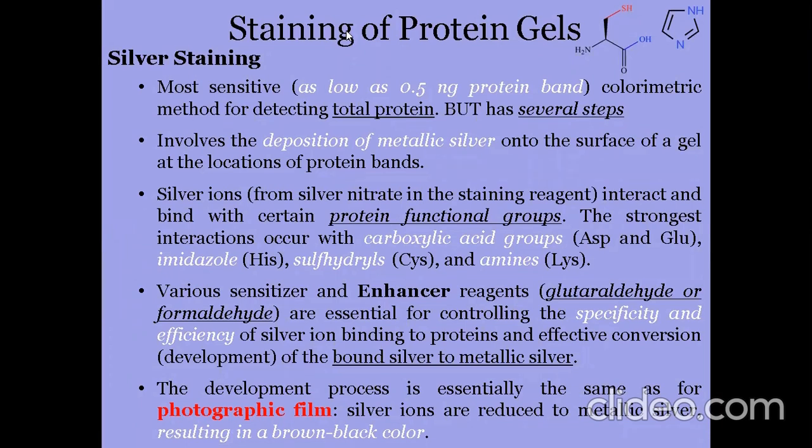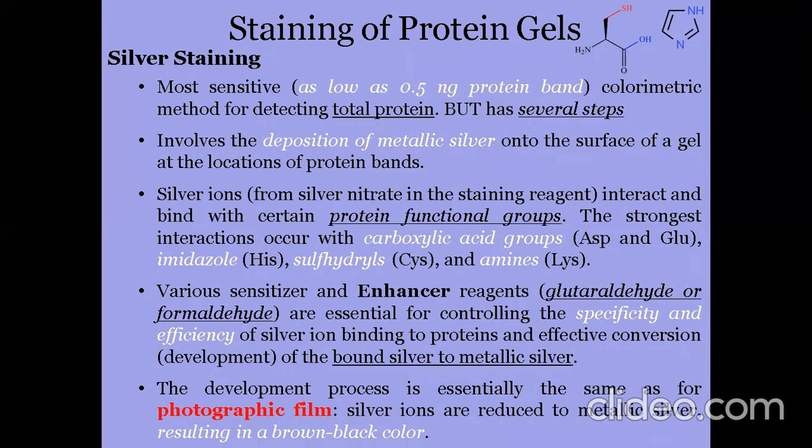Okay, we are using staining of protein gels where, for example, 0.5 nanogram, very little protein bands, are detected with more sensitivity, and we use a colorimetric method for detecting this. It involves the deposition of metallic silver.